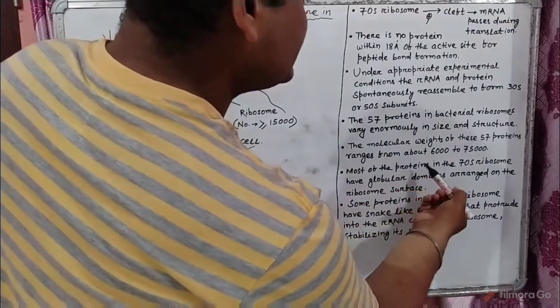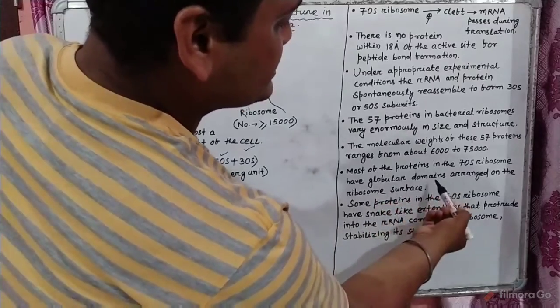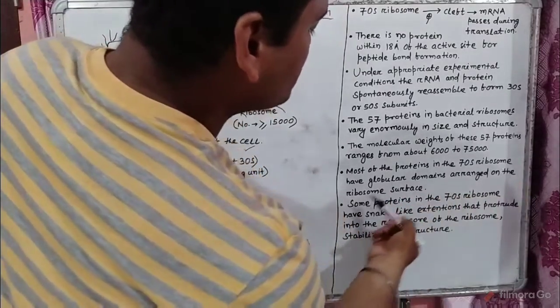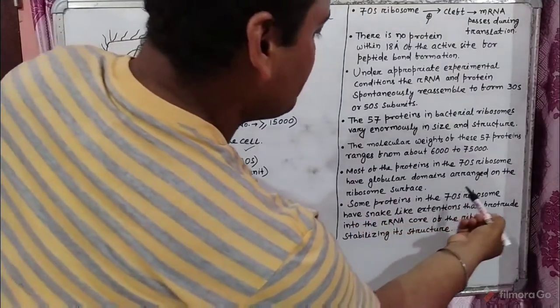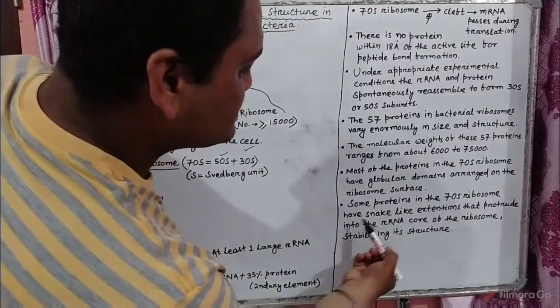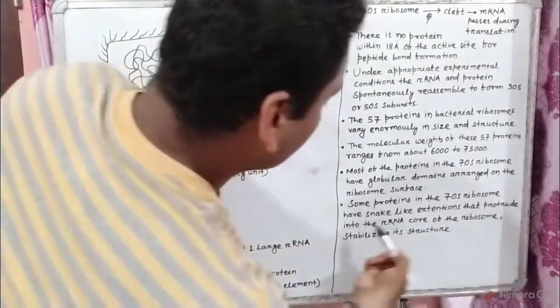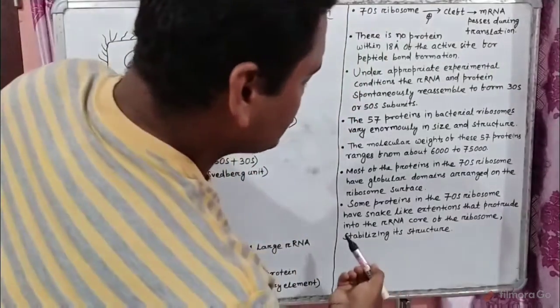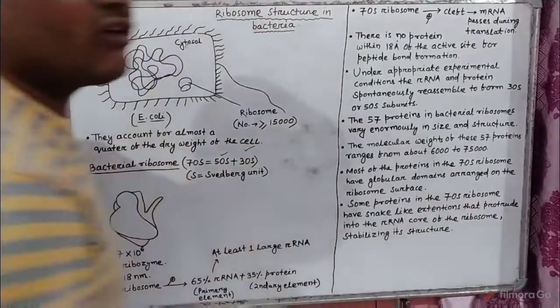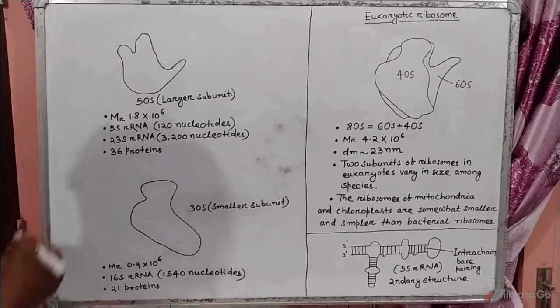Most of the proteins in the 70S ribosome have globular domains arranged on the ribosome surface. Some proteins have snake-like extensions that protrude into the rRNA core of the ribosome, stabilizing its structure.